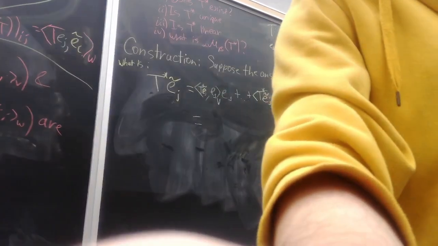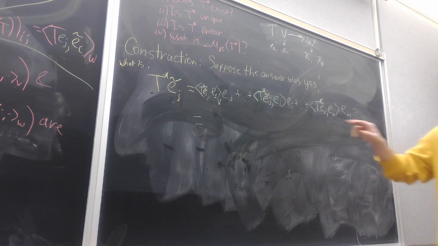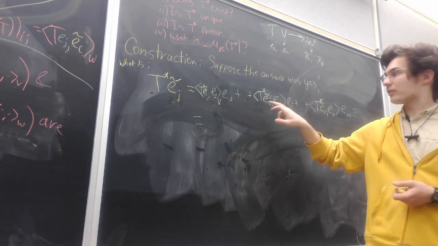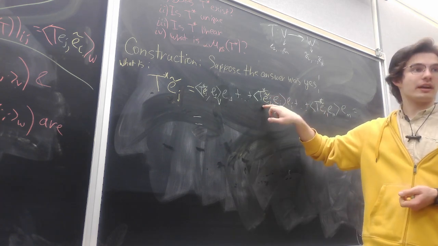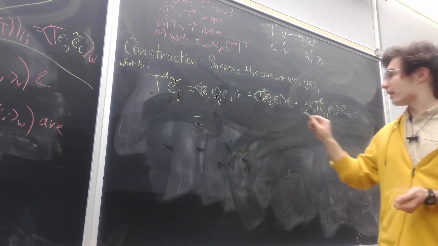Okay. How can I do this? You replace all the inner products with E tilde J and T E whatever it makes. TEI, yes, TEI, exactly. The whole point of T star was that if I do T star on this side, I can instead do T on this side, and the inner product stays the same.